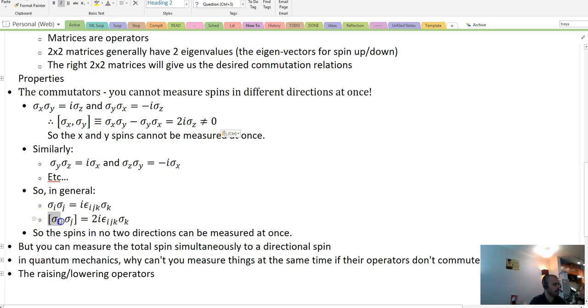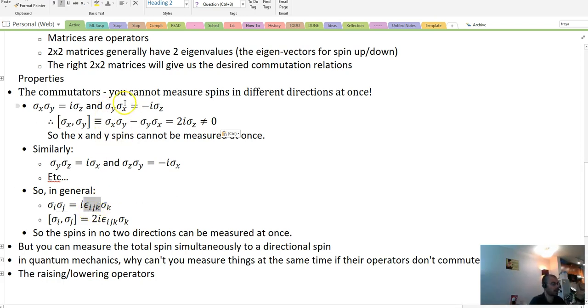And then we can do the commutator. Oh, right. So the other thing, these have an order. So if it's epsilon x, y, z, this will be plus 1. If it's epsilon y, x, z, so I've switched the x and the y, this would now be negative 1, right?